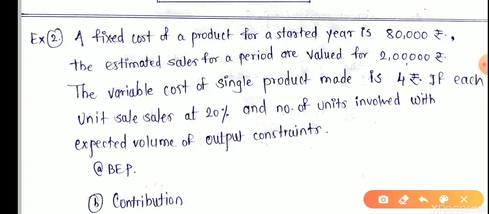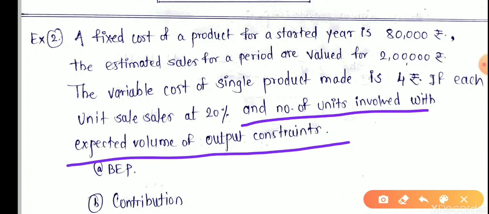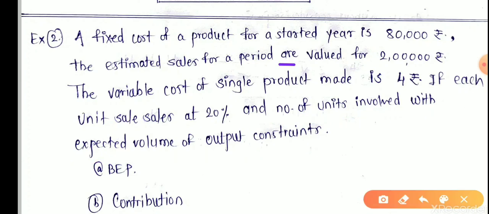They don't say how many units we have to sell or manufacture. Our expected sale is 2 lakh rupees, and the profit after this expected sale is 20%, not 20% of 2 lakh rupees.